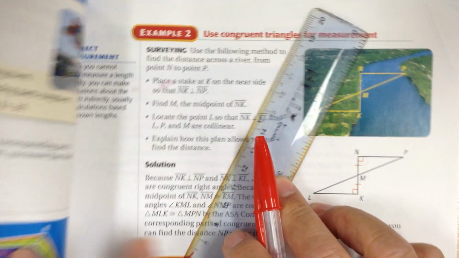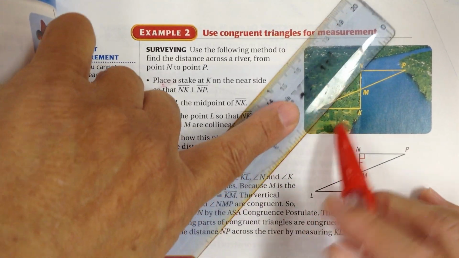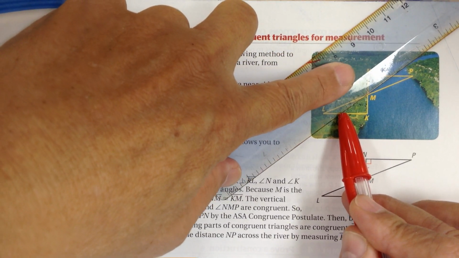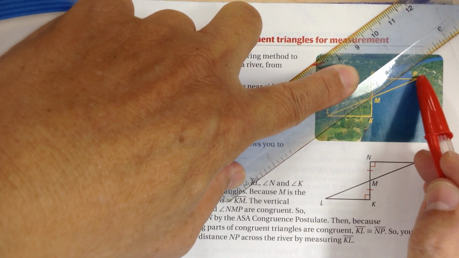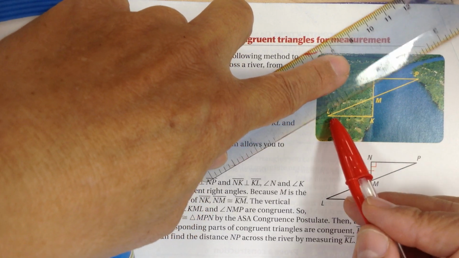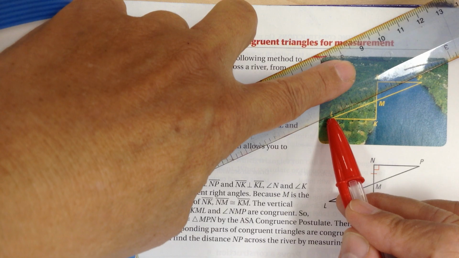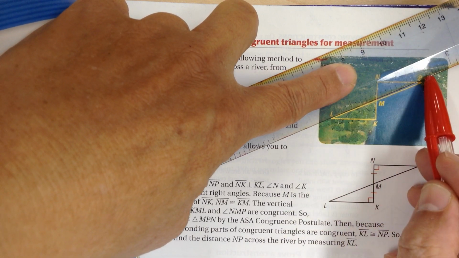So you walk a little bit more. You take a look again, and you don't see the stake over here. So you keep walking until you reach L, and when you look at M you can see the point P.